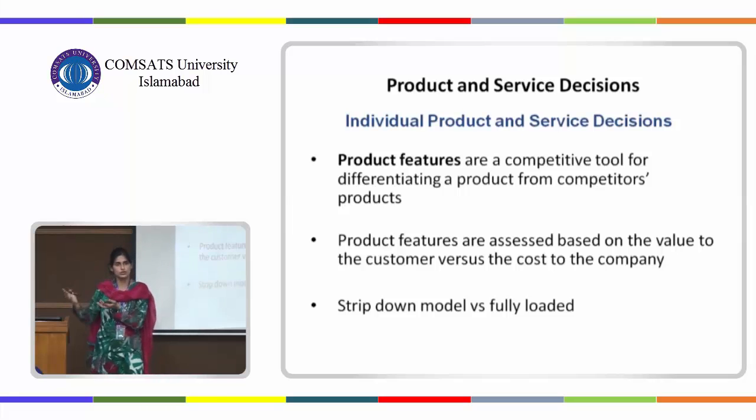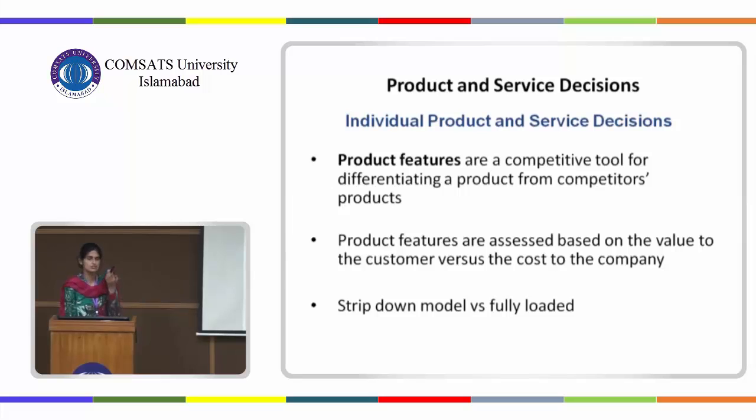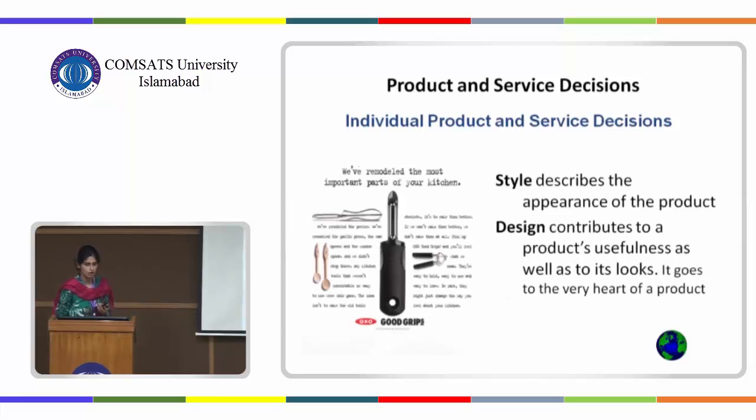Then you can have a fully loaded version with power windows, automatic transmission, all that they have to offer. So the more the features, the price gets higher, right? So those are product features. What different things your product has to offer. How much value does your product offer?